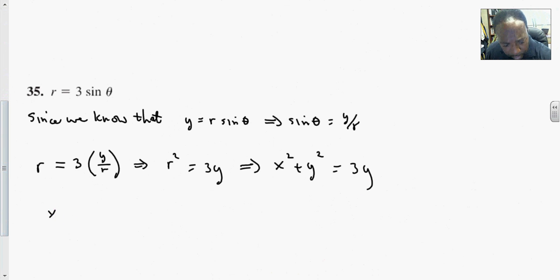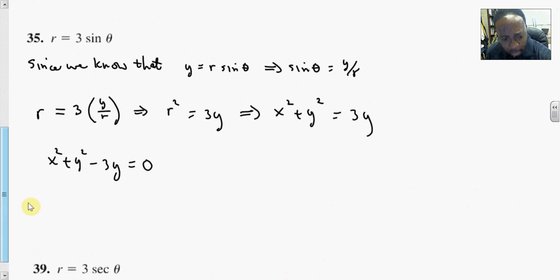Well, let's see, this is x squared plus y squared minus 3y is equal to 0. We complete the square with respect to y. So this is x squared plus y squared minus 3y. We take half of negative 3, so we get negative 3 halves. Then we square that. That gives us 9 over 4. We add 9 over 4 to both sides.